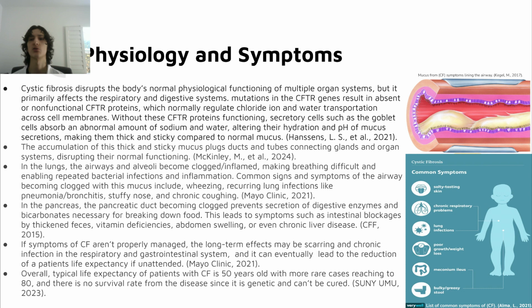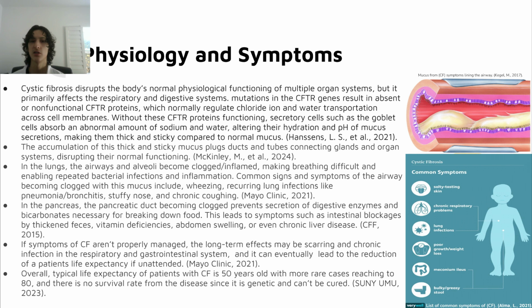Without these CFTR proteins, functioning secretory cells, such as the goblet cells, absorb an abnormal amount of sodium and water, altering their hydration and pH of mucus secretions, making them thick and sticky compared to normal mucus. This accumulation of thick and sticky mucus plugs ducts and tubes connecting glands and organ systems, disrupting their normal functioning.